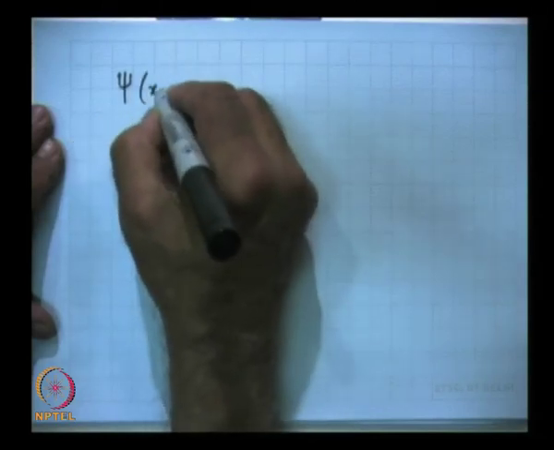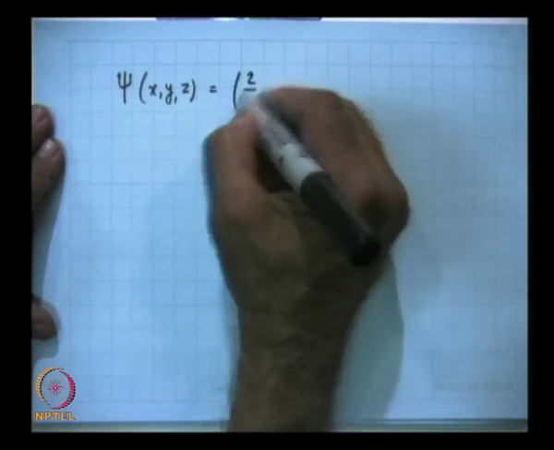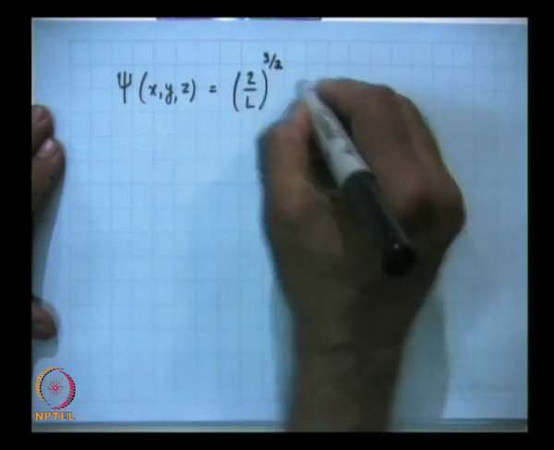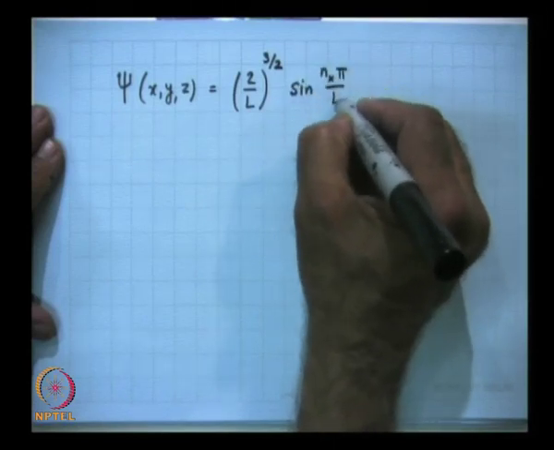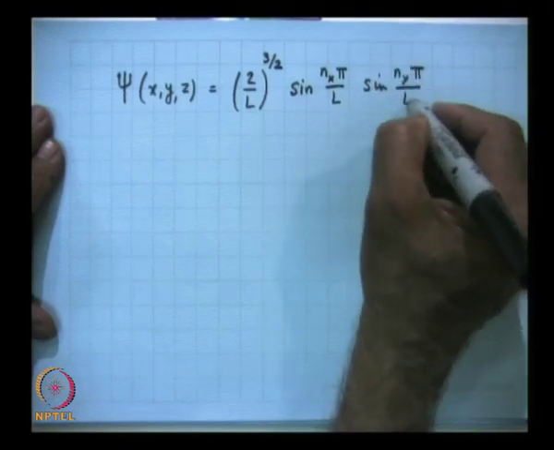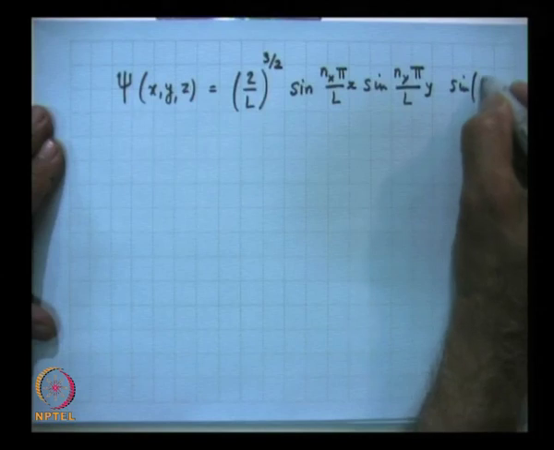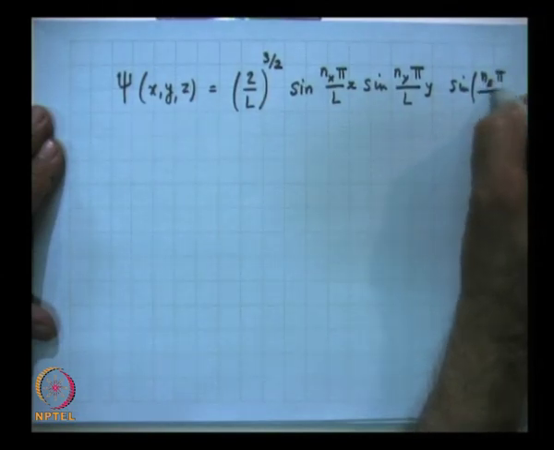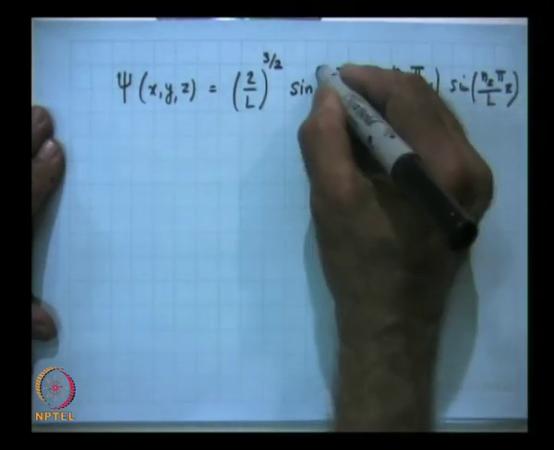That is because the corresponding normalized wave functions are given by psi of x, y, z equal to 2 by L to the power 3 by 2, the normalization factor as you know, times sine of n x pi x by L, sine of n y pi y by L, sine of n z pi z by L. These are the rigorously correct normalized wave functions.